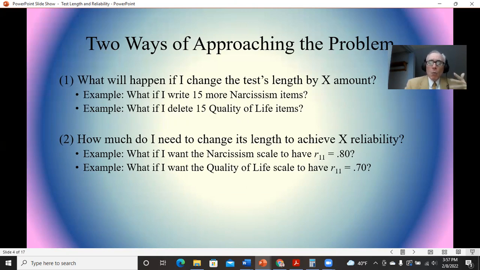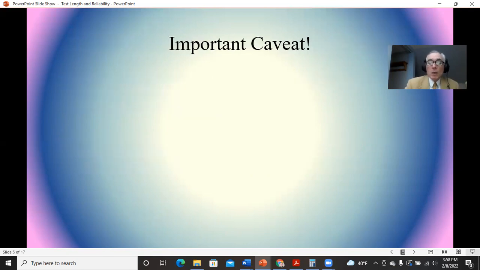Or what if I want my quality of life scale's reliability not to drop below 0.7? Maybe I'll consider that to be a threshold for the kind of research I want to do. Now, it actually is the same equation flipped around algebraically, but of course it's going to look different because it's been flipped around. So we'll look at each in turn.